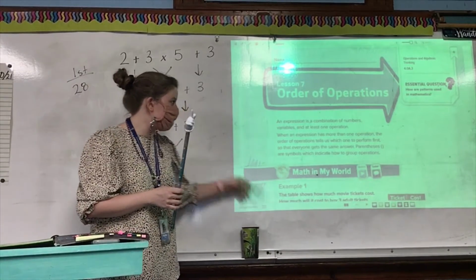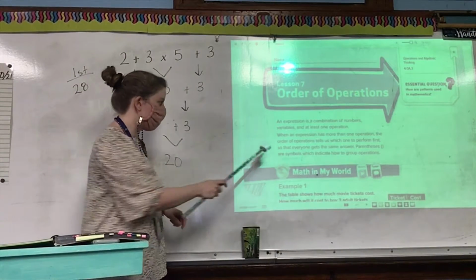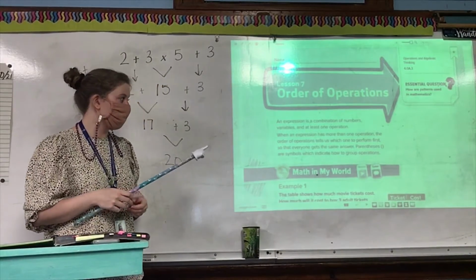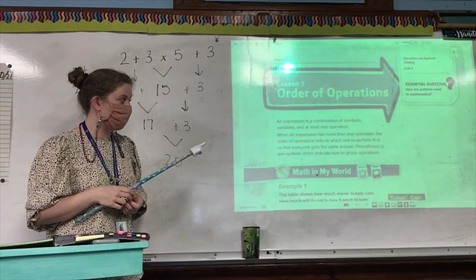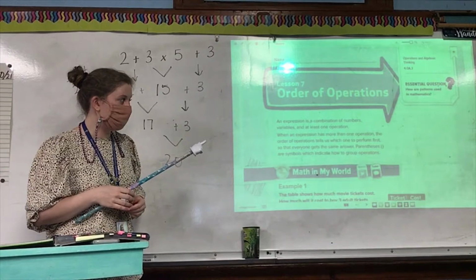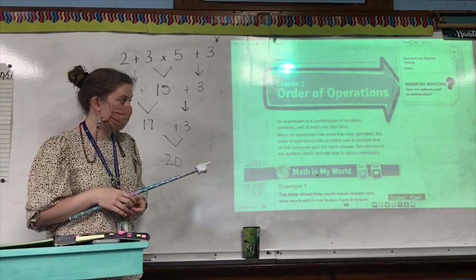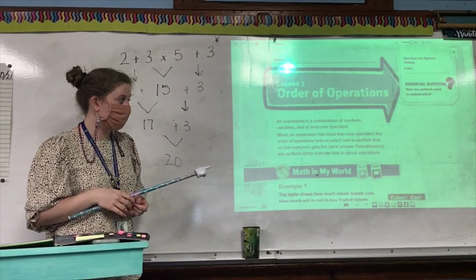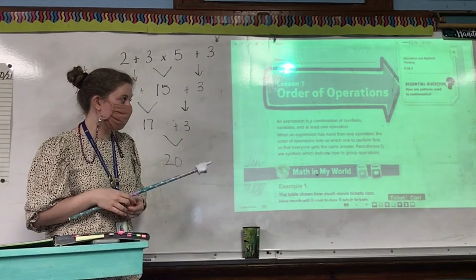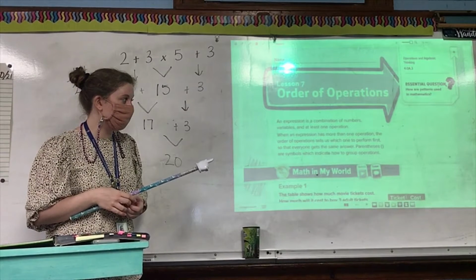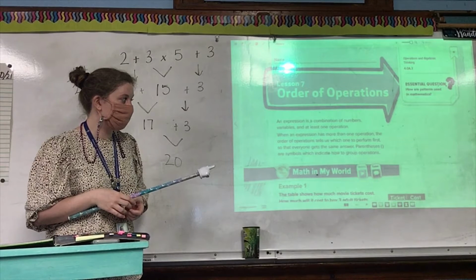Read the second piece of information, Zadie. When an expression has more than one operation, the order of operations tells us which one to perform first, so that everyone gets the same answer. Good. Parentheses are symbols which indicate how to group operations.